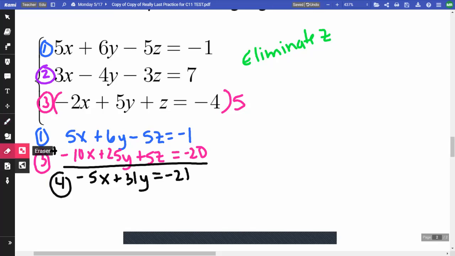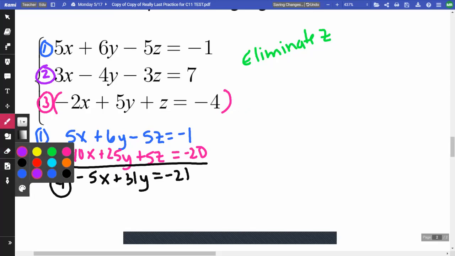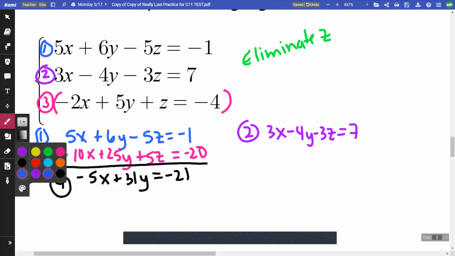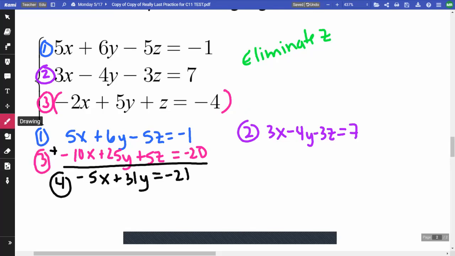Now I'm going to take equation 2, which is 3x minus 4y minus 3z equals 7. And I am going to multiply equation 3 to get rid of my z. Over here, my z is a negative 3, so I'm going to multiply by a positive 3.